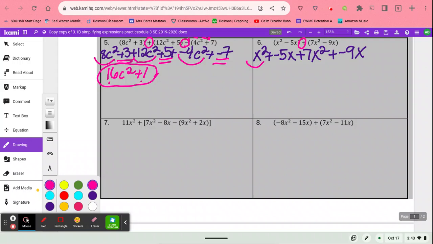I have an x squared and a 7x squared, which gets me 8x squared, because remember the coefficient of x squared here is 1. If you ever want to draw it in, that's totally fine, so you don't lose that coefficient. I have a negative 5x and a negative 9x, which combined gets you negative 14x's. Perfect.